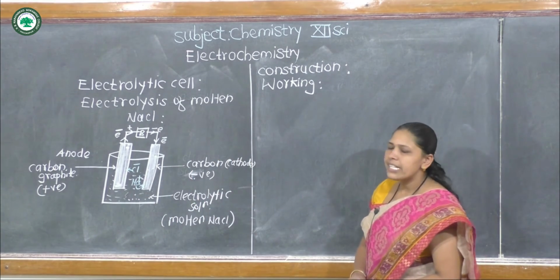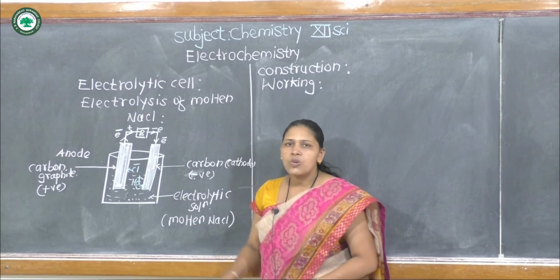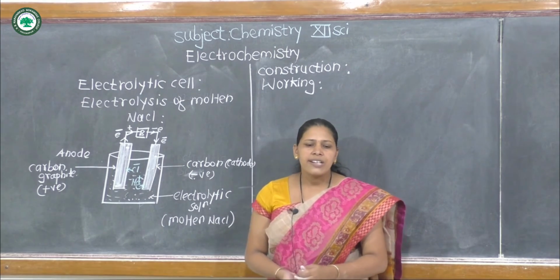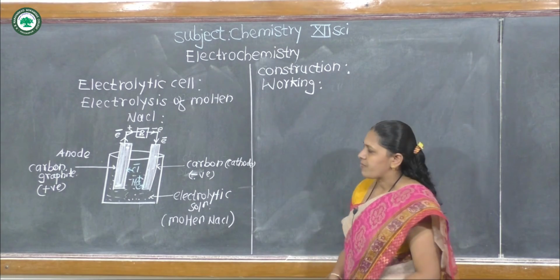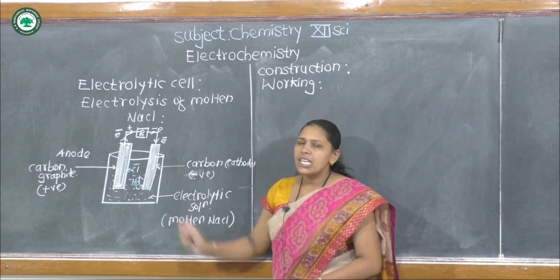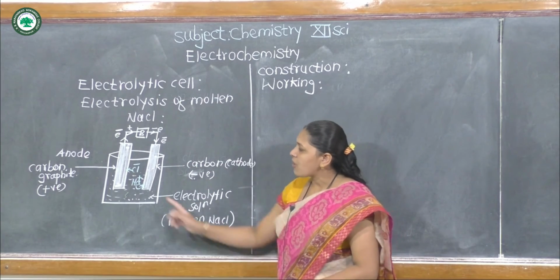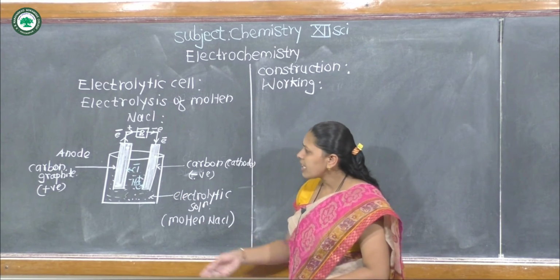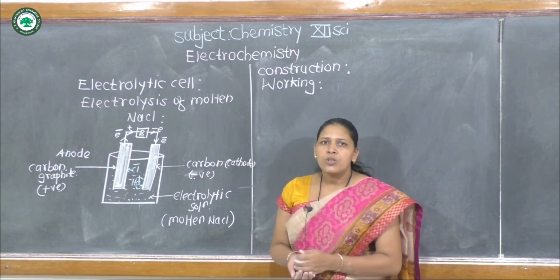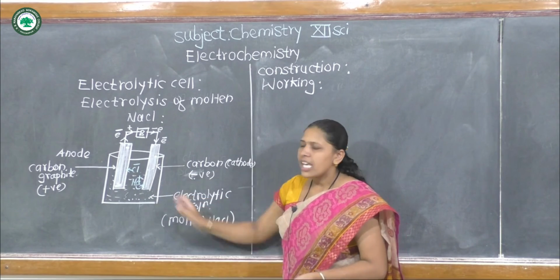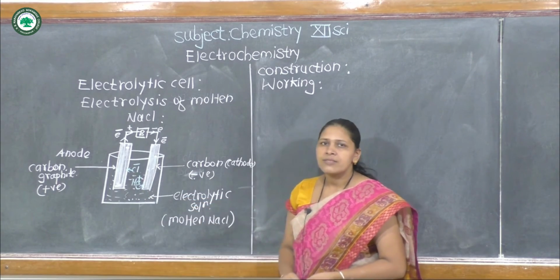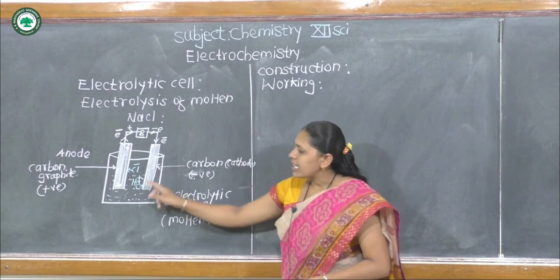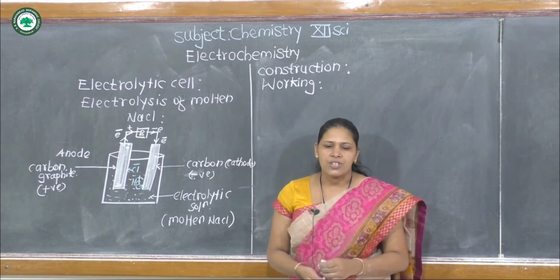It clearly indicates that Cl- undergoes oxidation by loss of electrons and Na+ undergoes reduction by accepting electrons. Here the role of the battery is only to suck electrons from the anode, which are lost by Cl- ions, and transfer them towards the cathode. At the cathode, Na+ ions accept electrons and undergo reduction.